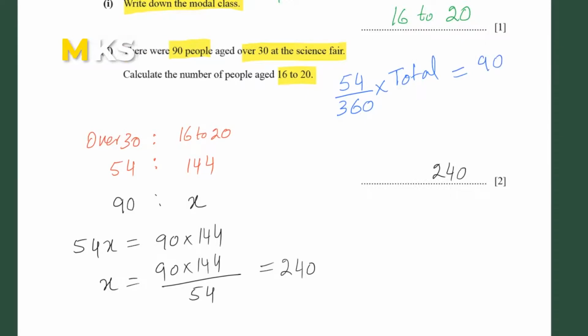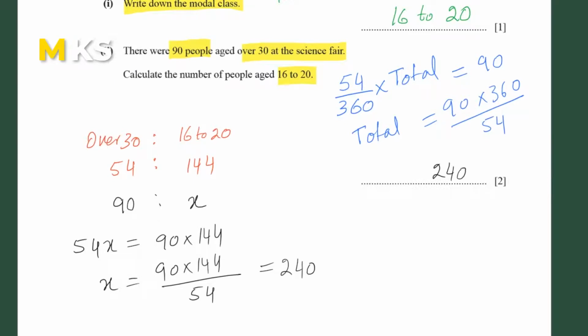This will help us find the total. So total is equal to 90 multiplied by 360 divided by 54, that gives us 600. So there were 600 people who visited the science fair.